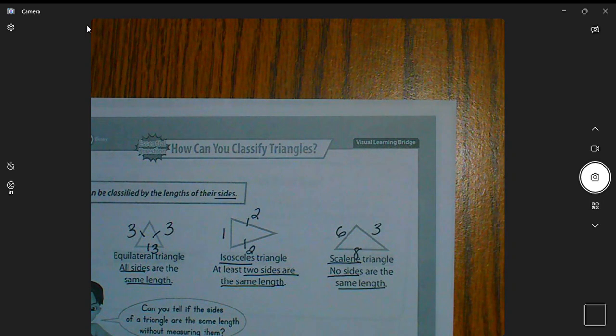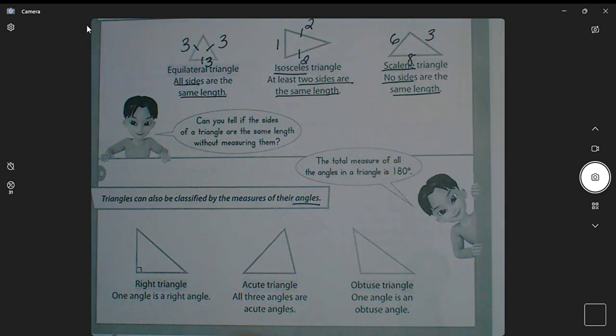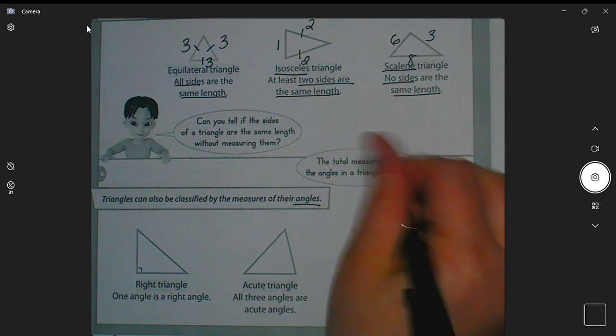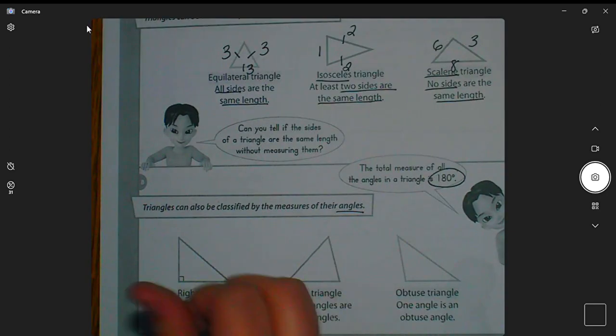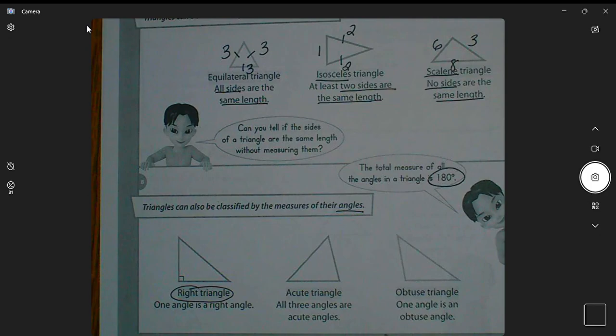Now, within these triangles, I can also classify them by their angles. And when I'm looking at classifying a triangle by its angles, I have to remember the inside has to equal 180 degrees. So one triangle I have is one I learned about last year. It's a right triangle.